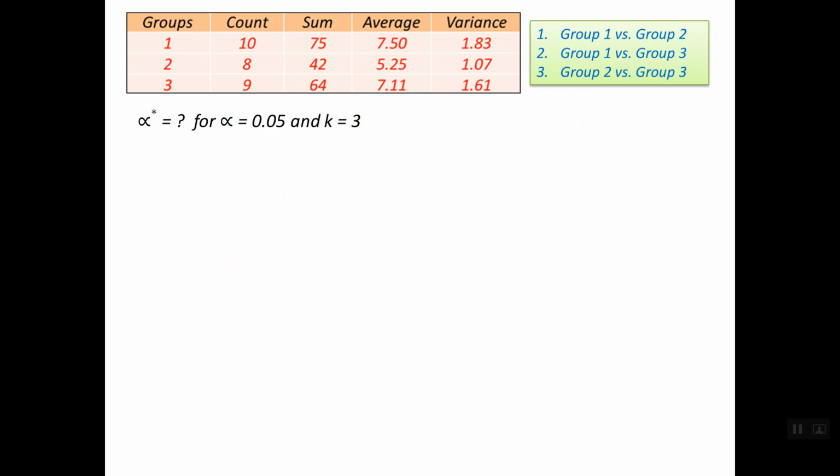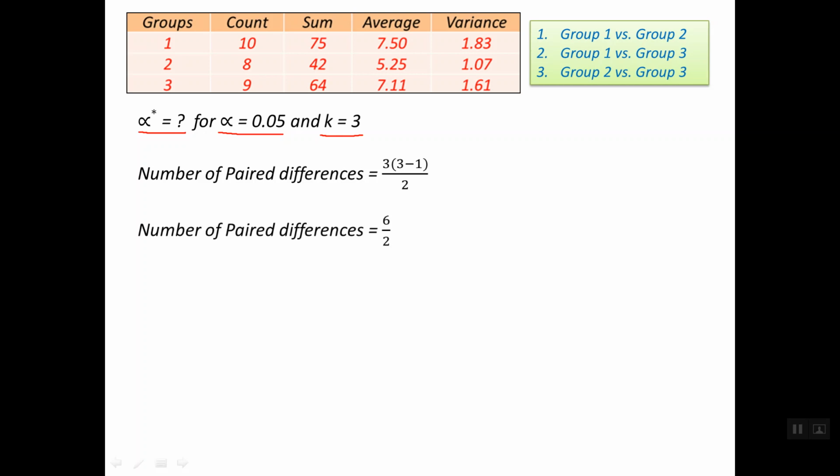So we need first to calculate the value of alpha star for Bonferroni for the original value of alpha 0.05, and the number of pairs for the groups is equal to 3. By using the formula, the number of pair differences is k times k minus 1 divided by 2. So it's 6 by 2. So the number of pairs, as we said, is 3, and simply they are here.